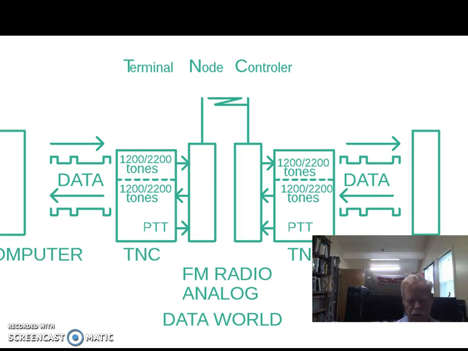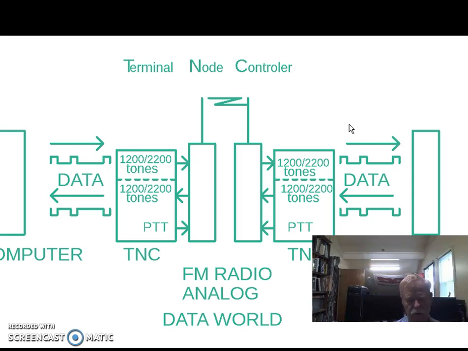For example, a 1 can get represented as a 2200 hertz tone, and a 0 can get represented as a 1200 hertz tone. Now we have fooled these radios into essentially passing data. So now we can pass data from one end to the other.